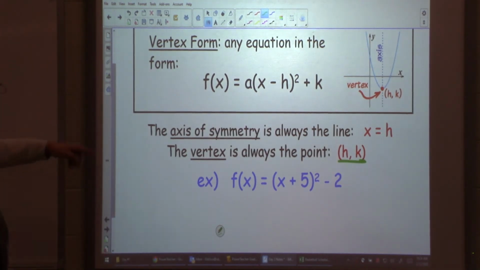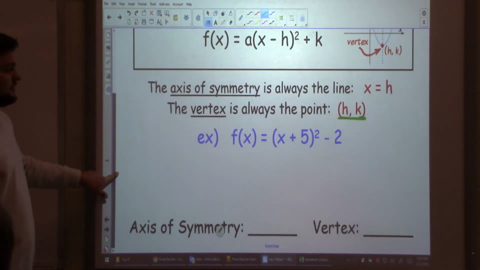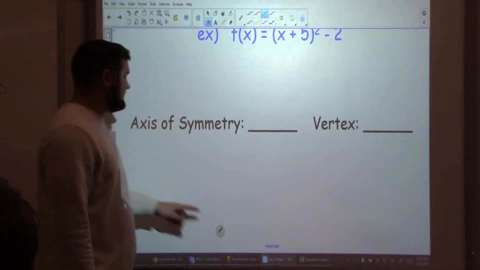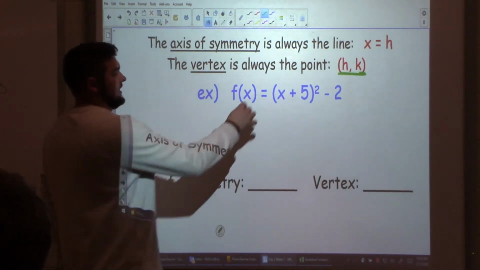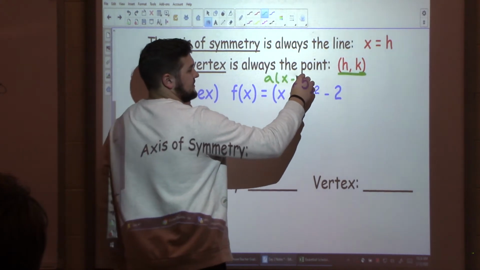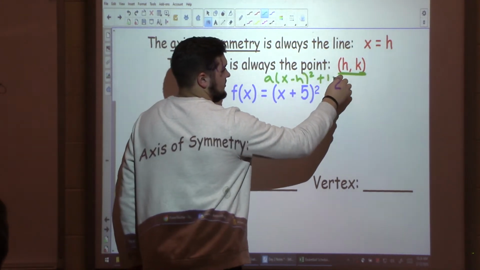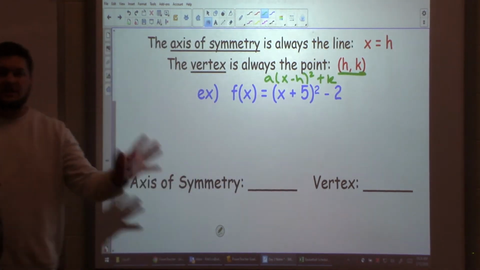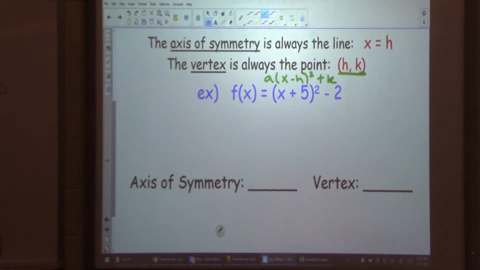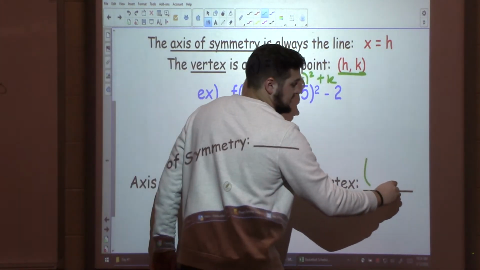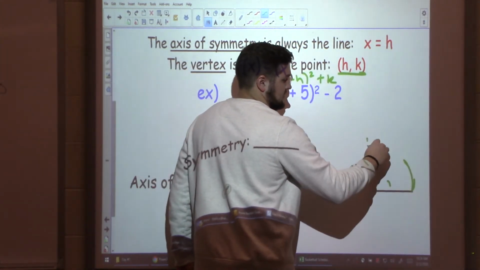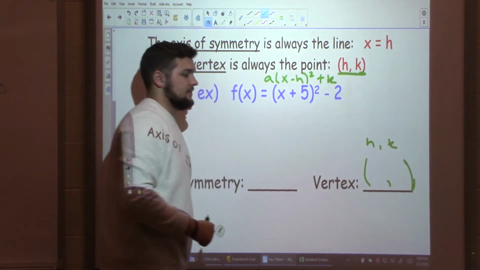So let's try it. f of x equals x plus 5 squared minus 2. Now remember, we just said a times x minus h squared plus k. Be very careful when you are pulling your vertex out. We said it's going to be h, comma k.